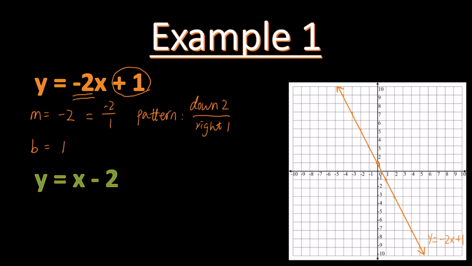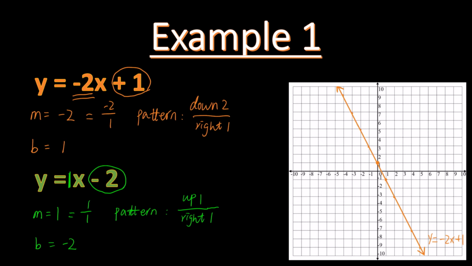We can do the same thing for the second linear equation. The slope is an invisible 1, so m equals 1, and we rewrite the 1 as a fraction, which is 1 over 1. And we can tell the pattern of this line, which is up 1, right 1. Then the y-intercept is whatever after the x, so b equals negative 2.